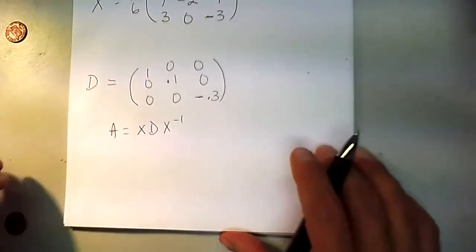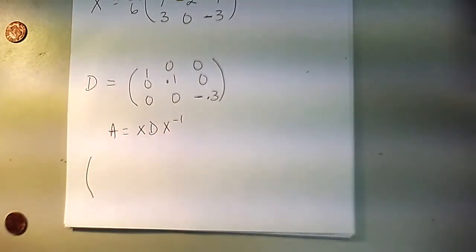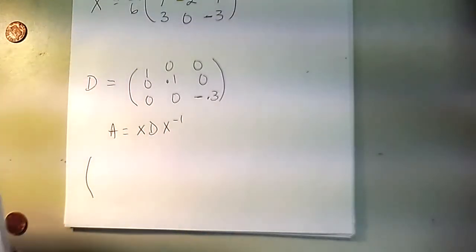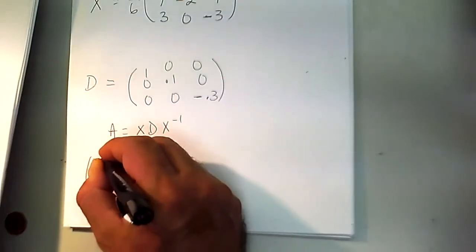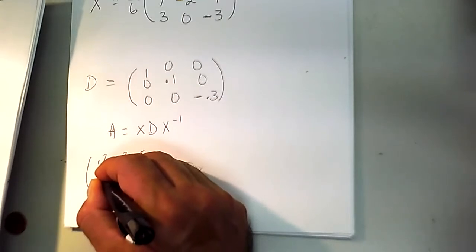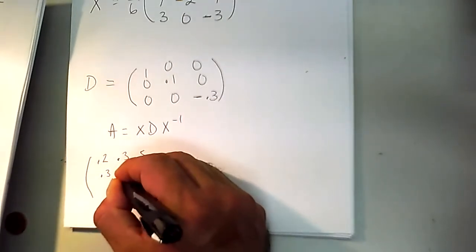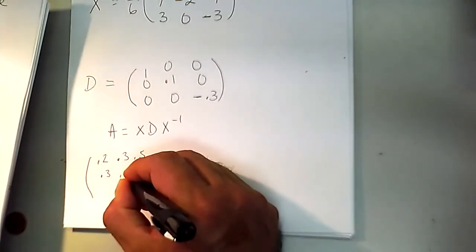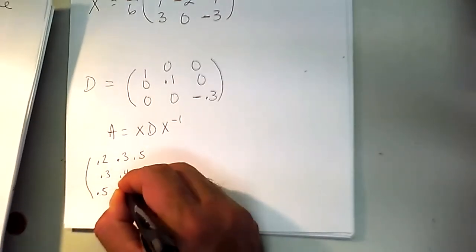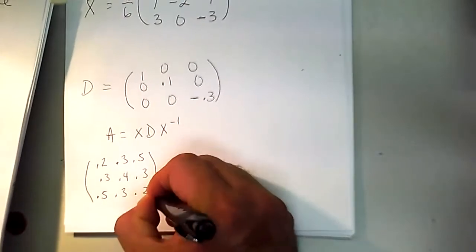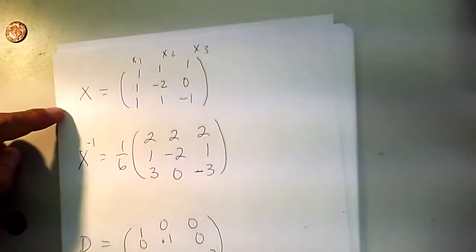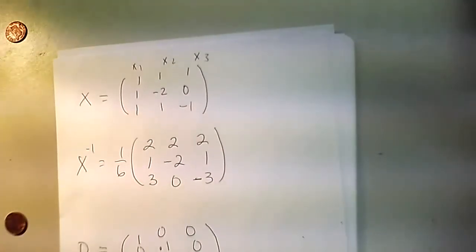You should verify that indeed, if we take the original matrix, 0.2, 0.3, 0.5; 0.3, 0.4, 0.3; 0.5, 0.3, 0.2, that is indeed equal to this matrix.